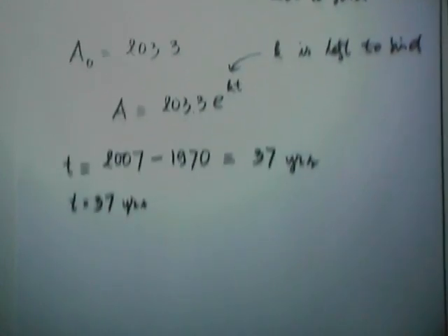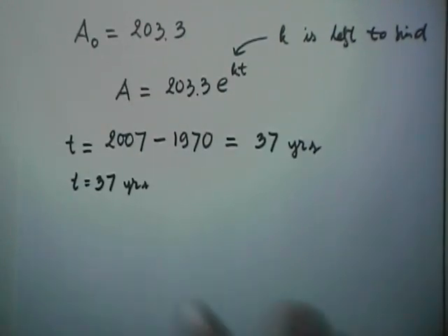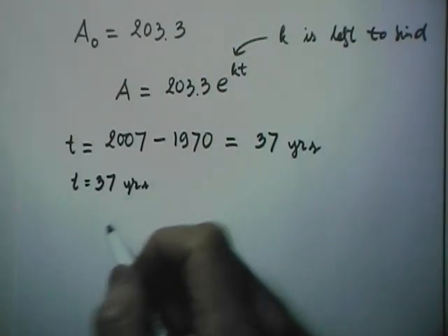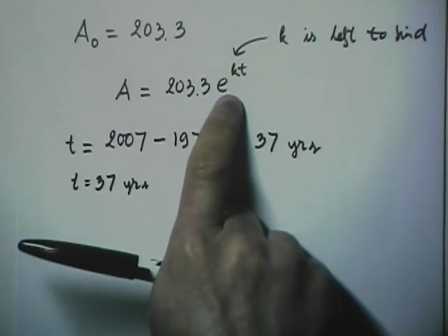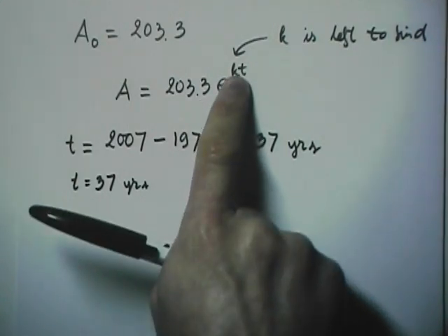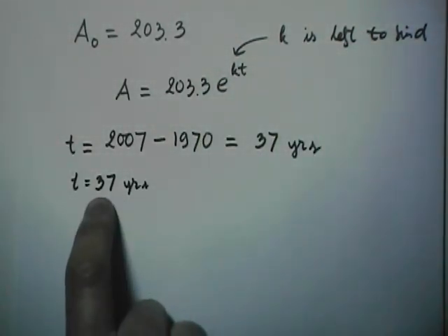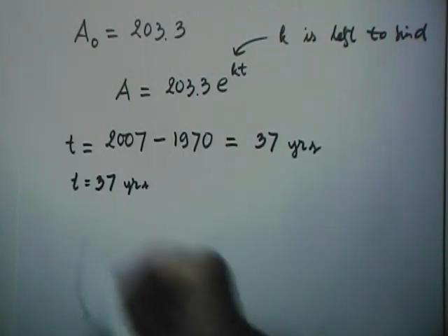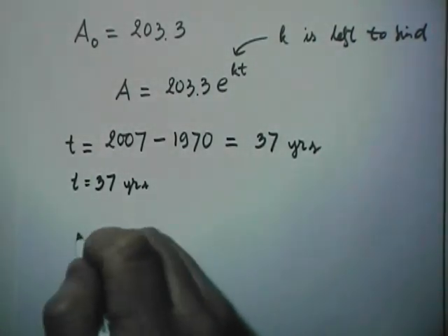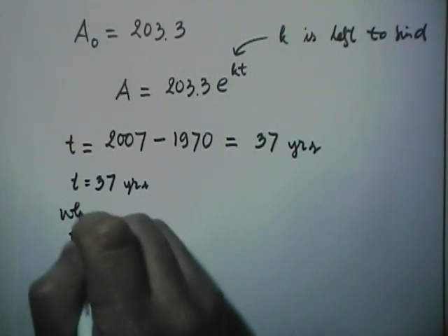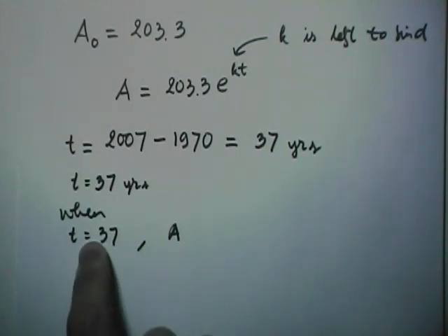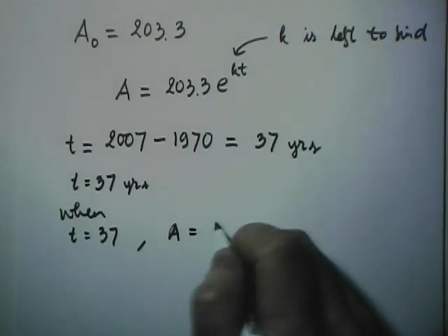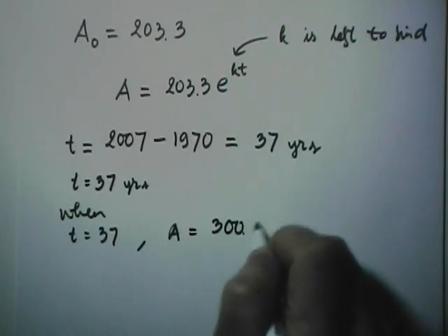At this point I am actually ready. At the starting point, initial population was 203.3 times e to the kt, and I still don't know that parameter k yet. But in 37 years later, when t equals 37, then A, which is the population at that time, is actually 300.9 million.